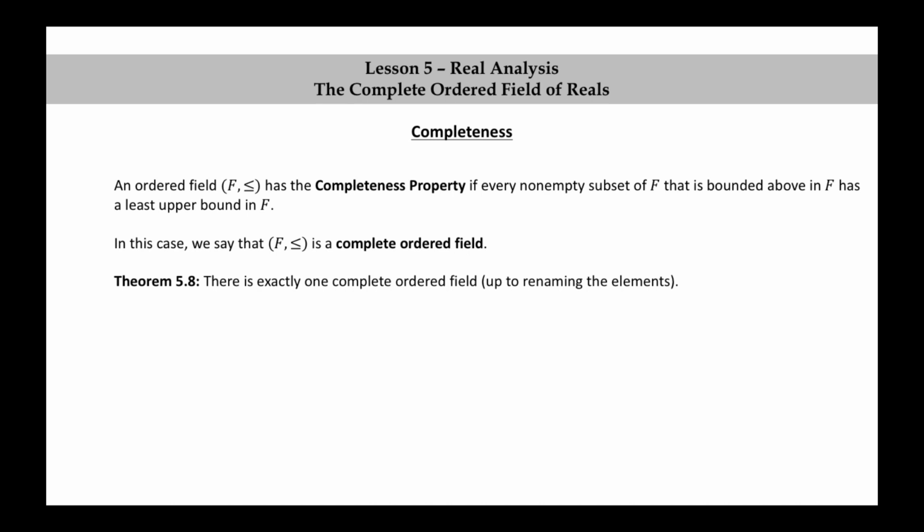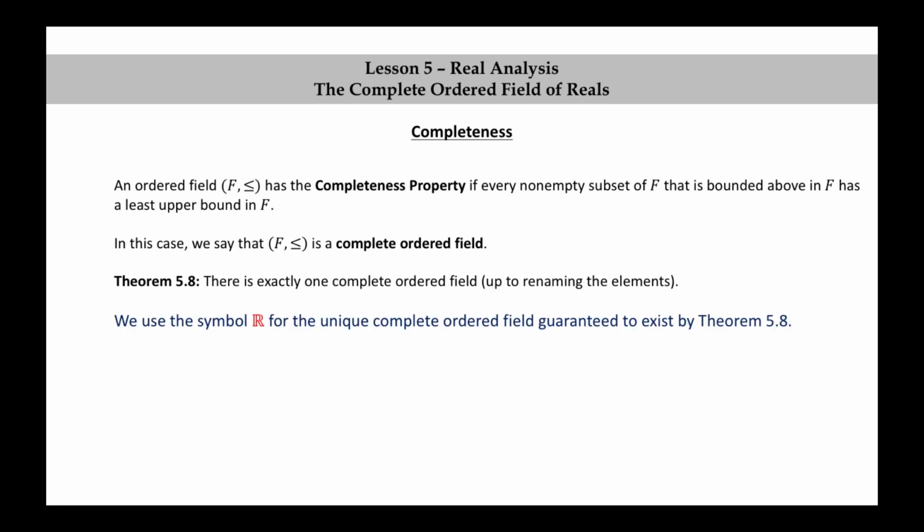The technically correct way to say this is that there is exactly one complete ordered field up to isomorphism. We use the symbol R for the unique complete ordered field guaranteed to exist by theorem 5.8. R is called the complete ordered field of real numbers.